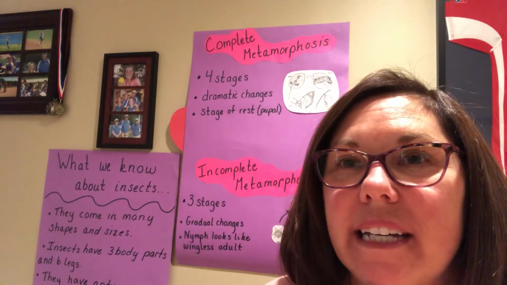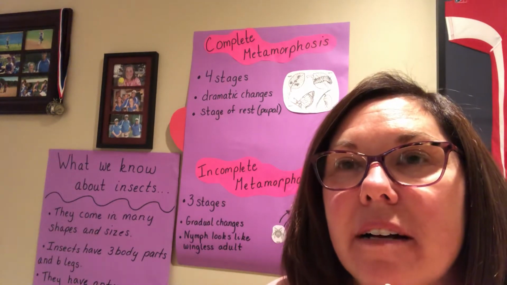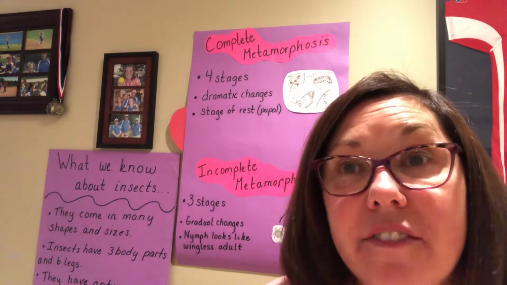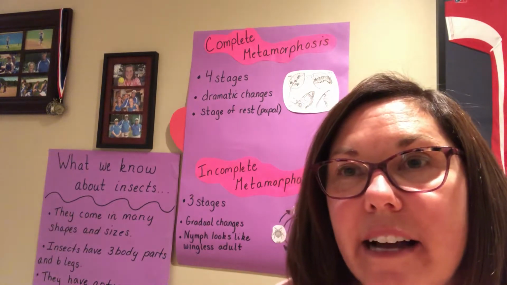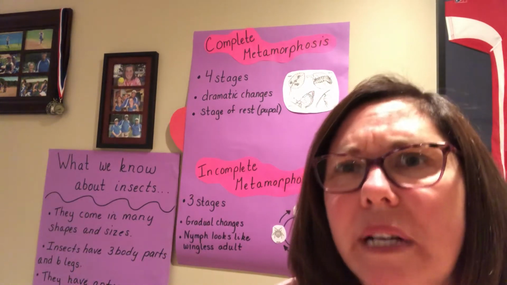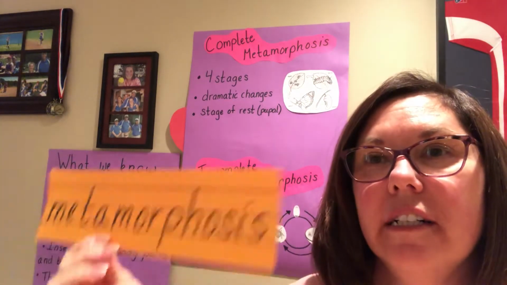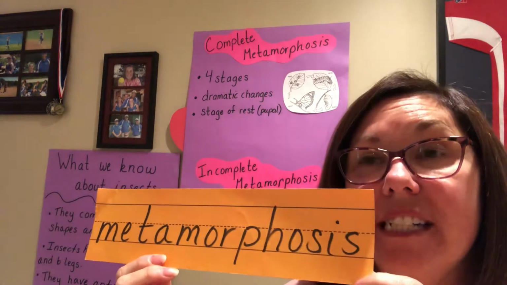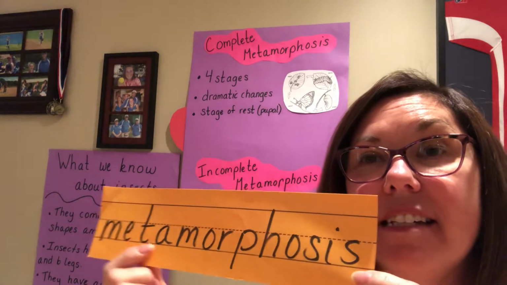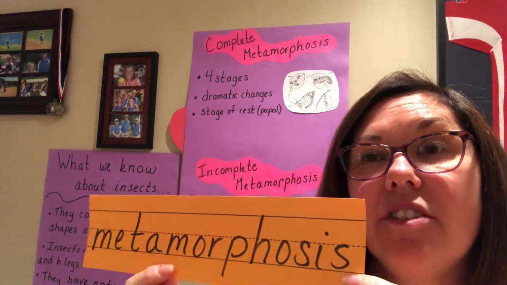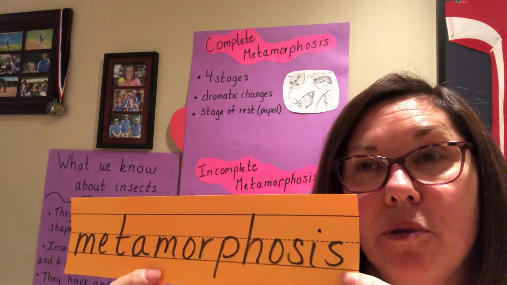We're going to be talking in science about different kinds of life cycles for insects, and they have a really big name. It is called metamorphosis, and that is the life cycle that certain insects go through.